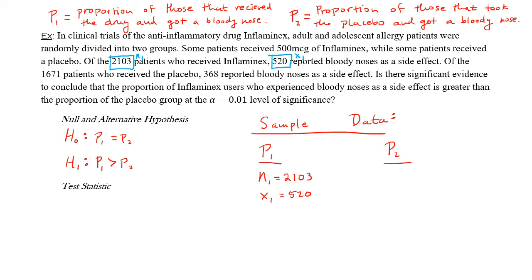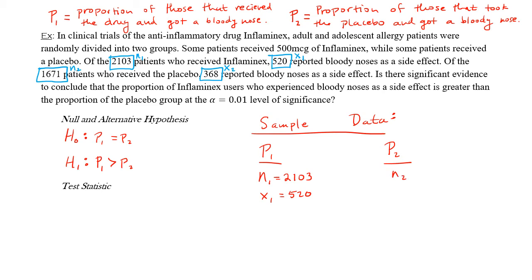And then for the group that received the placebo, we've got 1,671 that were sampled here, so we'll call that our N2, the sample size for the second group, where 368 reported bloody noses, so that'll be X2, the successes in our second group.